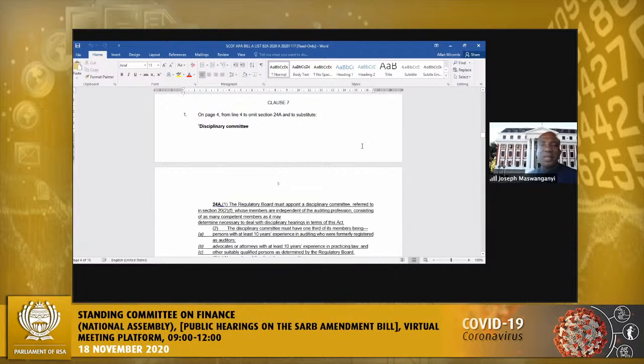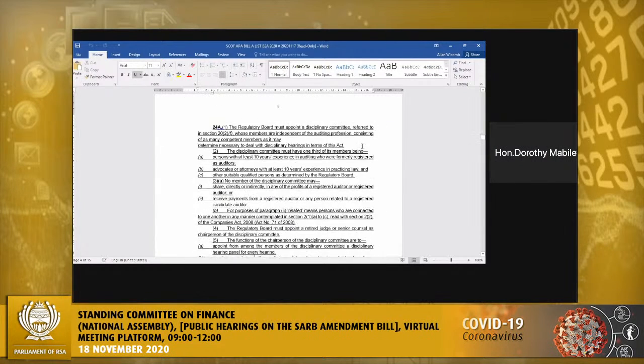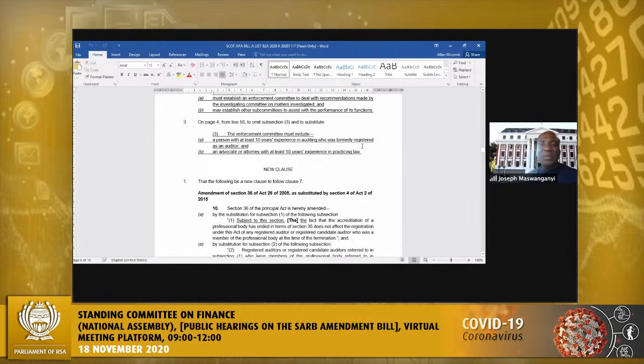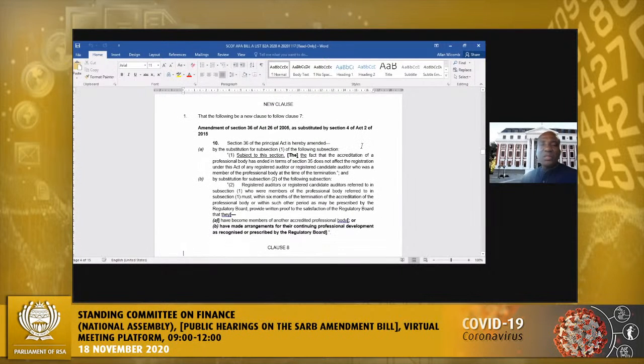Agreed. New clauses. Amendment of section 36 of Act 26 of 2005 as substituted by section 4 of Act 2 of 2015. Clause 10, section 36 of the Act is hereby amended as follows.